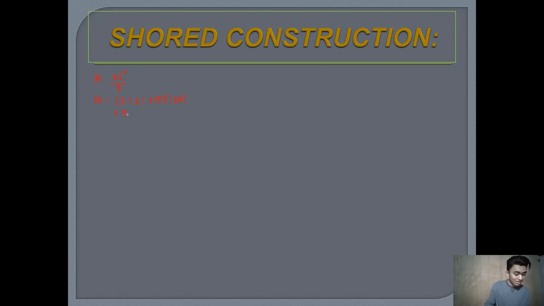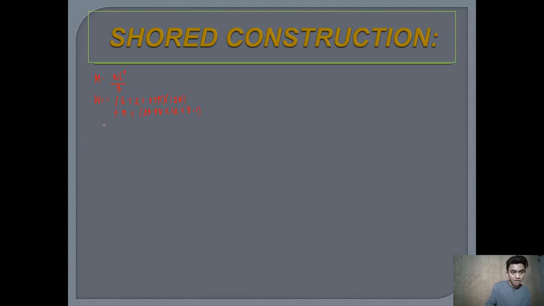Then what else? I also need the weight of the concrete itself. So that is now plus the unit weight of concrete is given, which is 23.56. Multiply it by the dimension of the concrete slab, that is now 1.2 by 100 mm, or that is 0.1 meters.